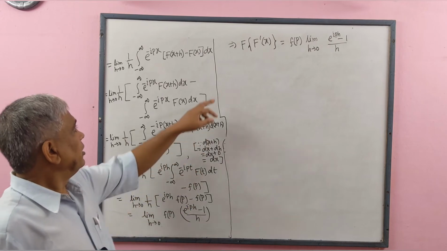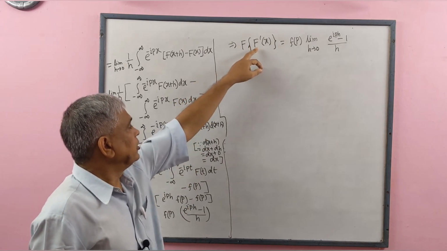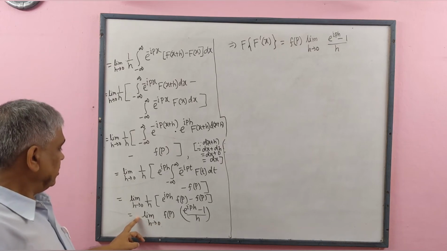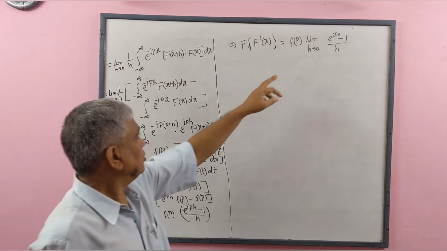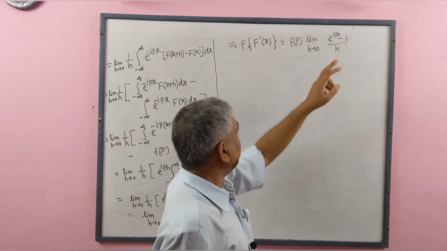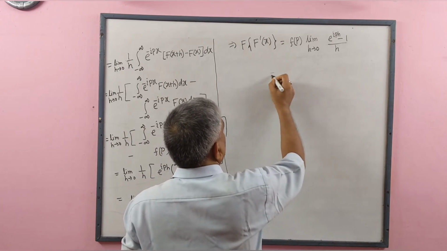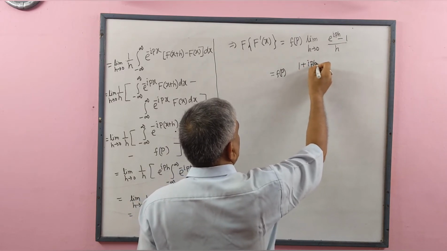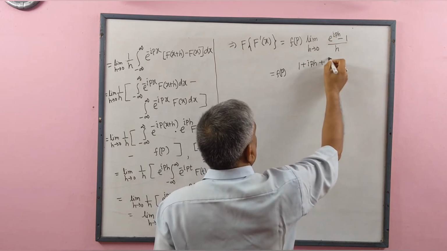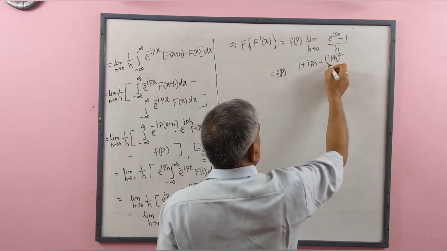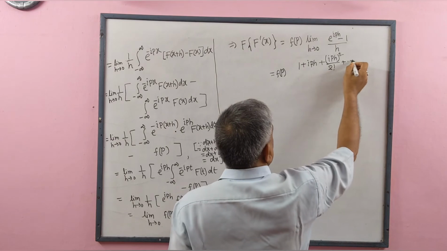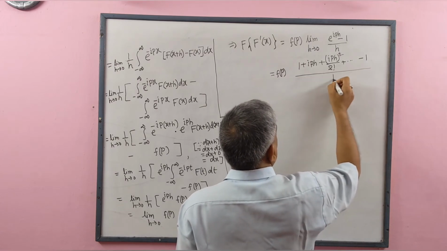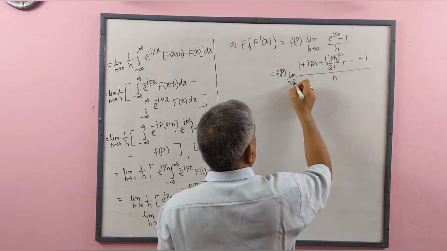This implies that the Fourier transformation of f dash x equals F(p) outside, then limit h tends to 0 of e to the power iph minus 1 by h, and this will be equal to F(p) times 1 plus iph, we expand e to the power iph, plus iph whole square by factorial 2, plus terms containing h, minus 1, by h, limit h tends to 0.